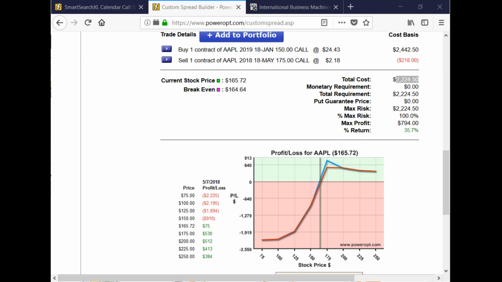Why is that important to me? Well, if something good happens with Apple, and out of nowhere next week, on Tuesday morning or Wednesday morning, it gaps up to 185 before May expiration, I have an obligation to deliver shares of stock that I don't own. That's fine. That's why you bought the call. It's supposed to cover it.